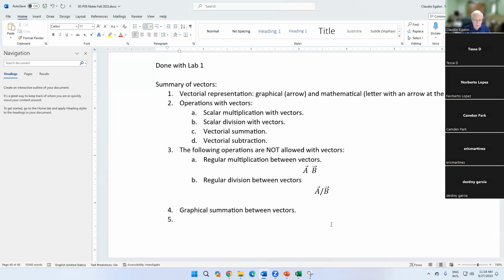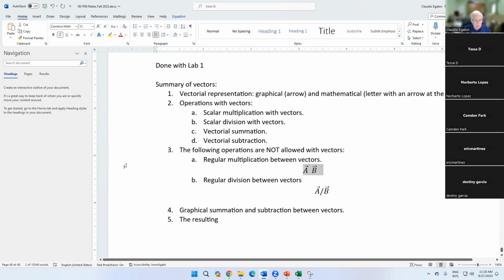And then we discovered how to get the resulting magnitude. Graphical summation and subtraction between vectors.